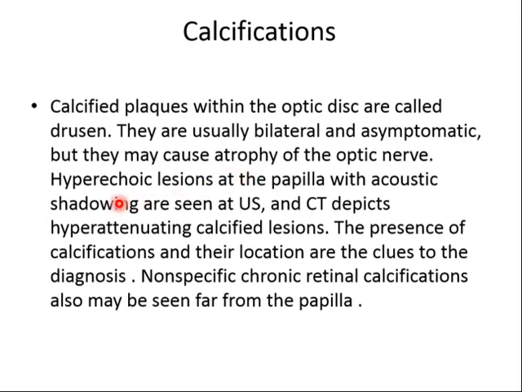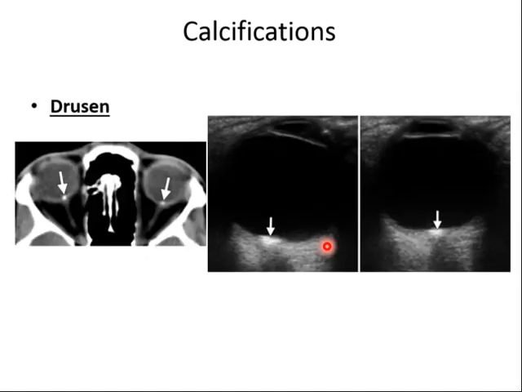The hyperechoic lesions should be on the papillae, causing acoustic shadowing on ultrasound, and on CT may be seen as hyperattenuated calcified lesions. The presence of the calcification and their location are the clues to the diagnosis. Non-specific chronic retinal calcification may also be seen, but it is far from the papillae, while in drusen they are seen on the optic disc. As in this case, this is a calcified plaque on the optic disc, in case of drusen, and hyperattenuated on the CT scan.